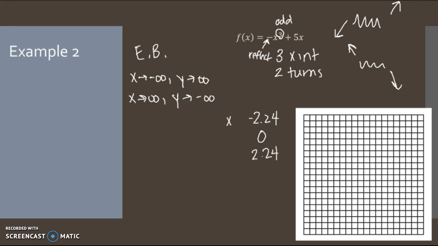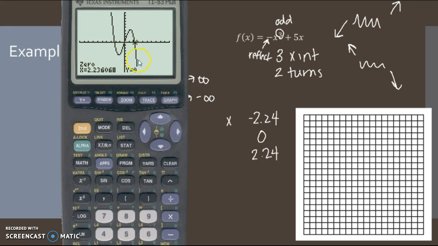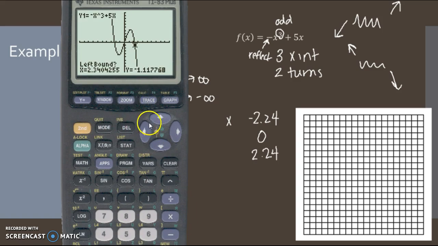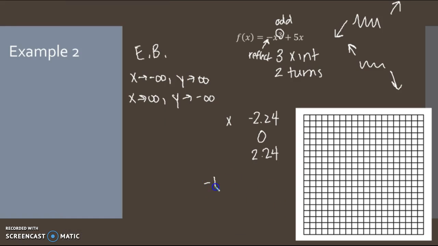The other points I'm going to use are the max and the min, and we can have the calculator look at those too. I'm going to go second trace, and we'll start with that minimum, number 3, and it's going to ask me those same questions: left bound, right bound, guess. I'm going to go on the left side of that minimum, press enter, go on the right side of that minimum, press enter, tell it to guess. So I have a minimum at negative 1.3, negative 4.3.